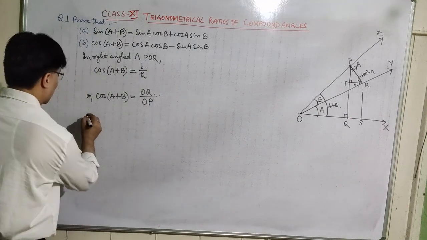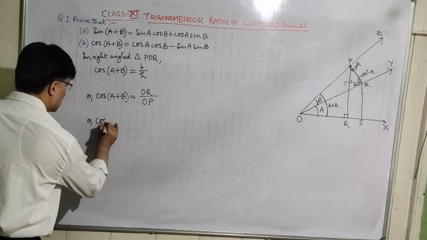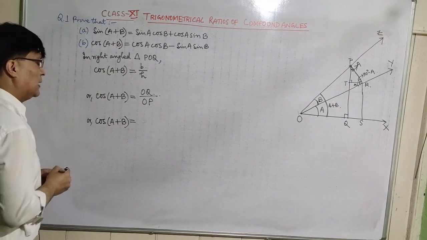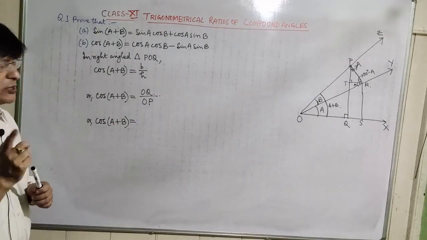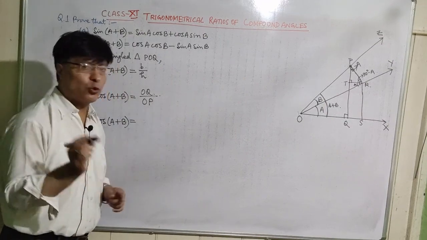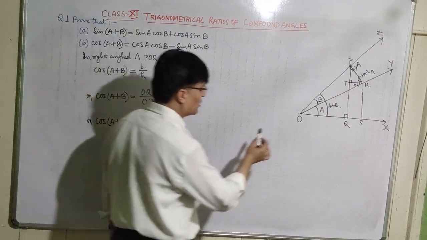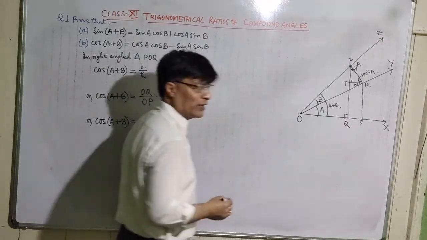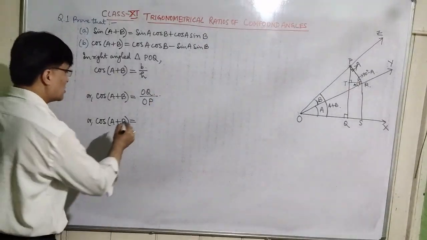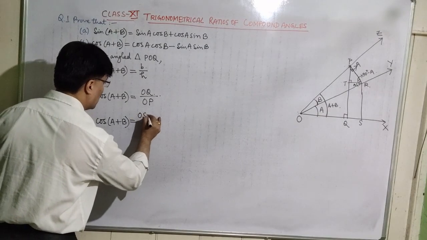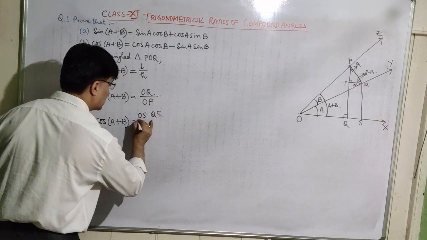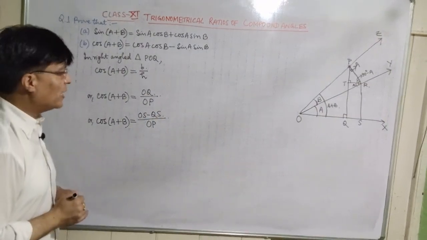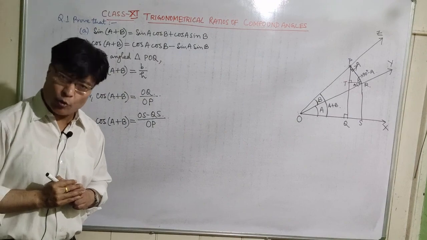Next, cos of A plus B is equal to, now looking at the figure, you tell me, how can you write down this OQ? From the figure, this OQ can be written as OS minus QS, isn't it? So it is OS minus QS divided by OP.